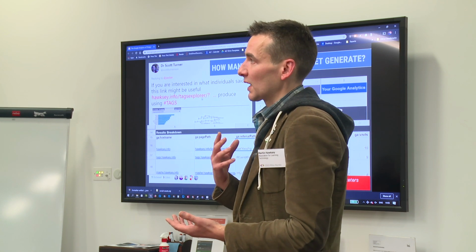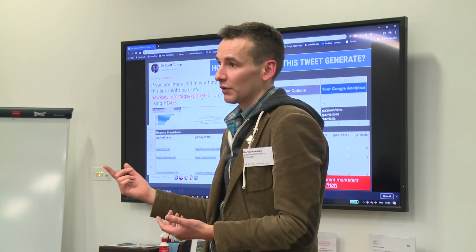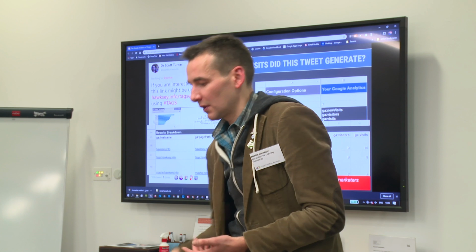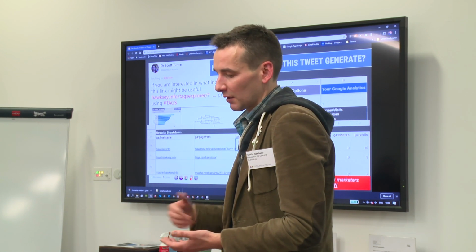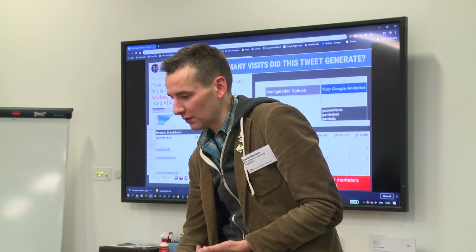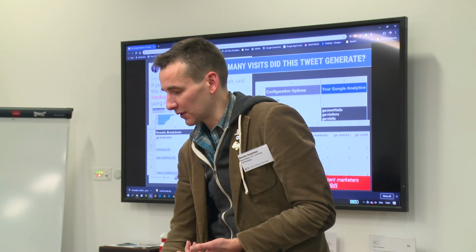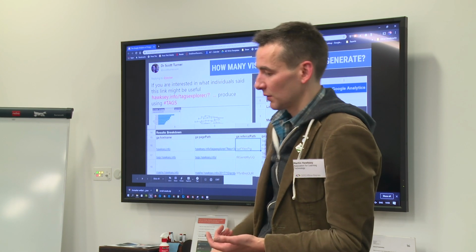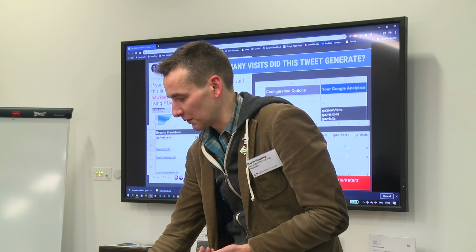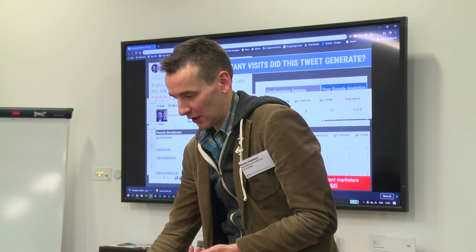So if someone else shares the same link, it'll get a different shortened URL. So there's a little recipe here that means that, for example, when Scott Turner shared that link to my website, I can see it generated 7 new visits and 9 visitors, and so there's a link there. Hopefully it explains it a bit better than I just did then.